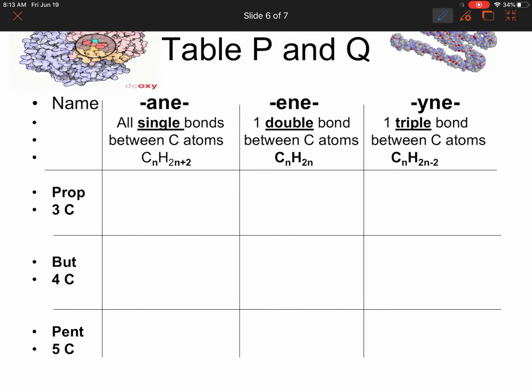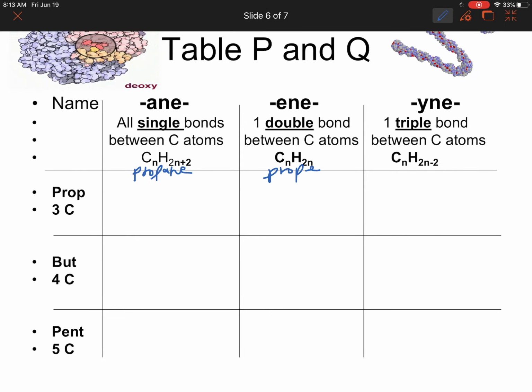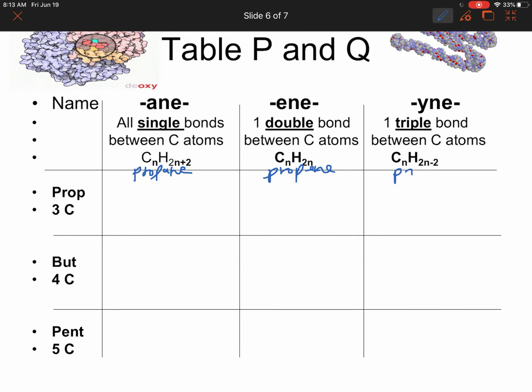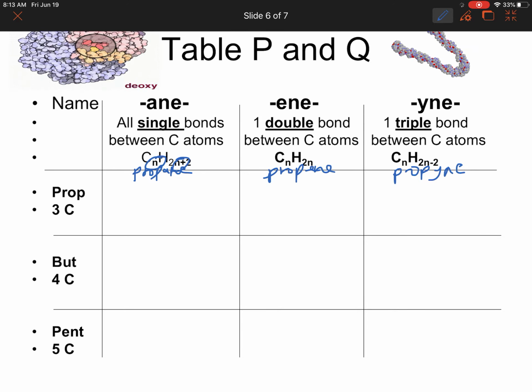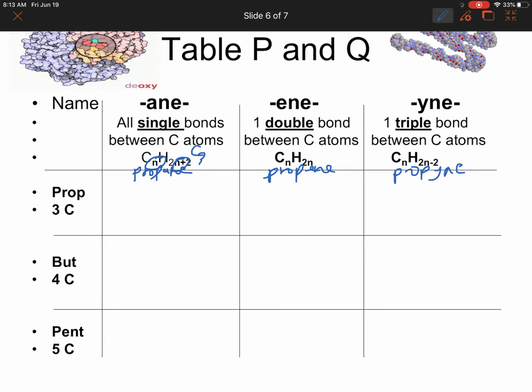Okay. So the next compounds are propane, propene, propine. So prop, again, CnH2n+2. Plug in the 3: C3, 2 times 3 plus 2.